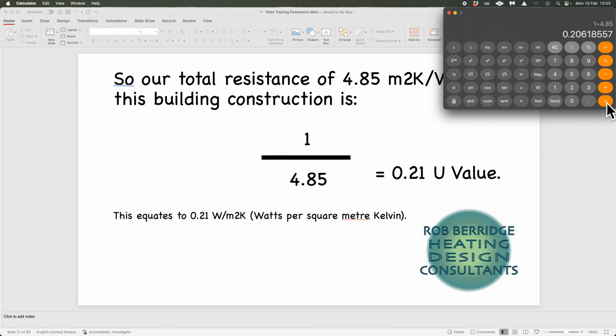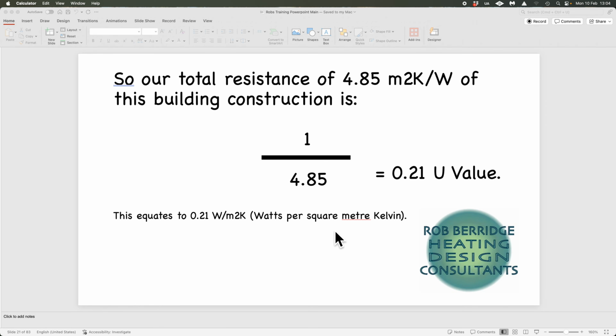Why is it 0.21? Because we always take that third decimal point, and because it's over 5, we round that up. 0.21. That is watts per meter squared Kelvin. And we'll come into what that all means in a minute.